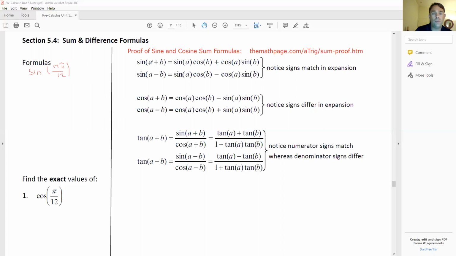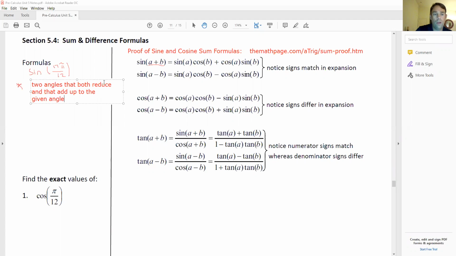What these formulas basically say is try to figure out two angles that would add up to them. So the biggest issue I would add to that is try to find two angles that both reduce and that add up to the given angle.